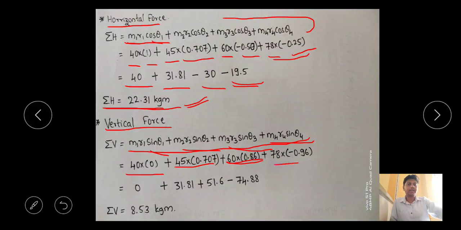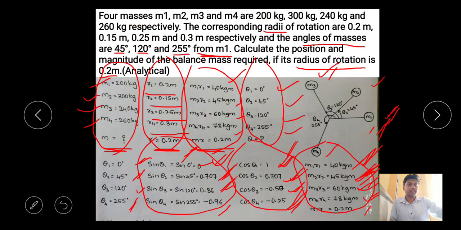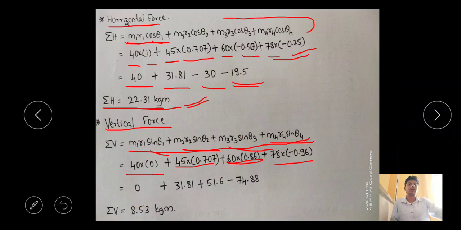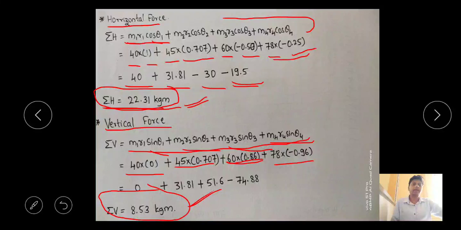Then last is M4 R4, that is 78, so 78 into 0.96. When you multiply all these and add, you will get 8.53. So now you are getting the horizontal force 22.31 and the vertical 8.53.